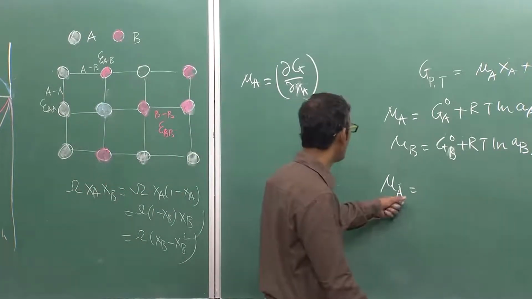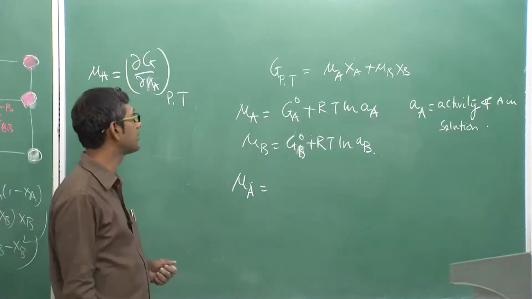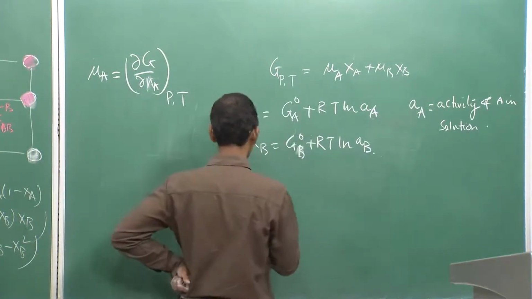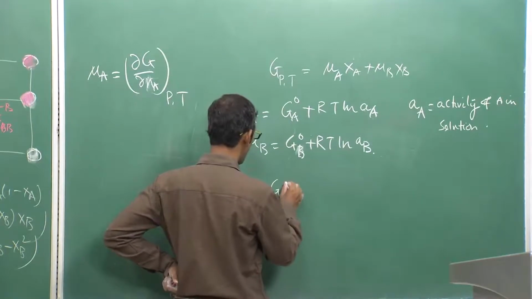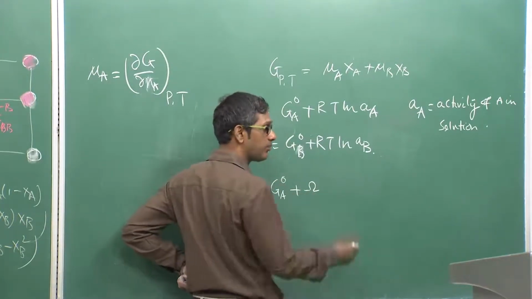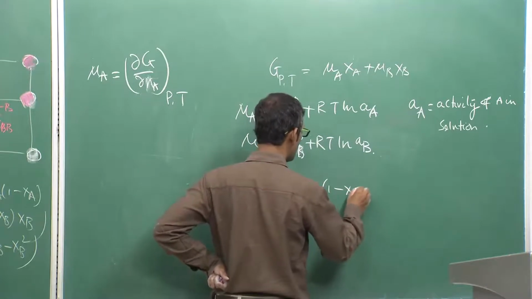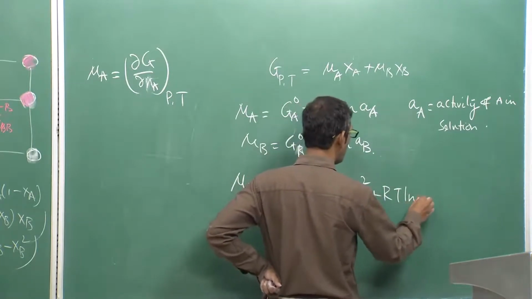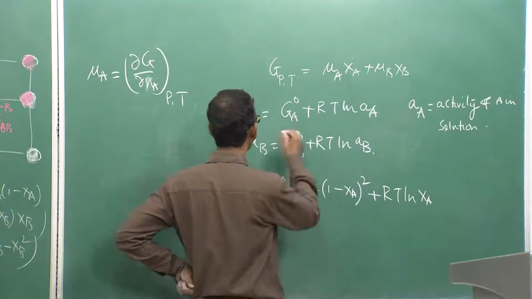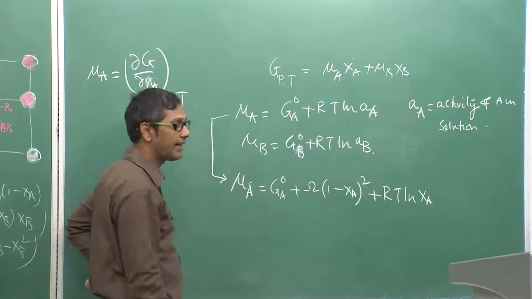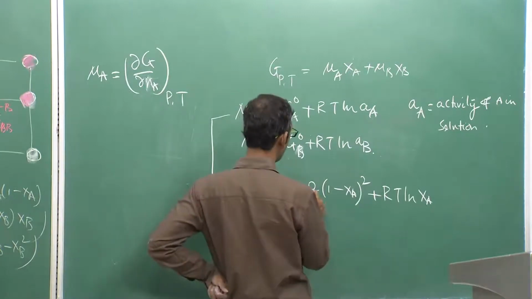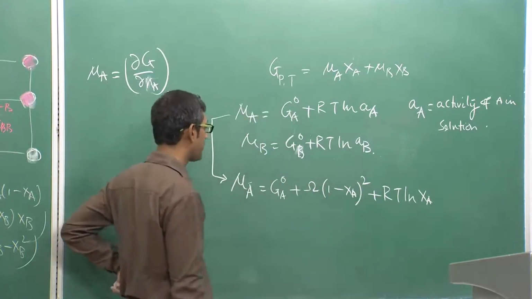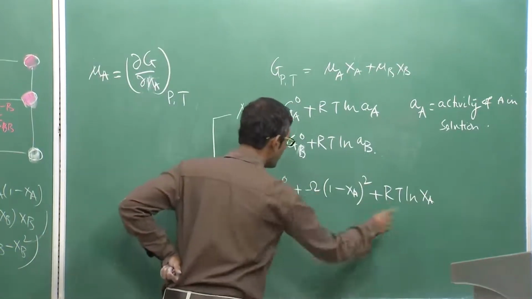So that is why you need to know the actual expression of the chemical potentials as a function of mole fractions, and it seems these are related to gamma. So mu A is GA0 plus gamma multiplied by (1 minus XA) square plus RT ln XA, this is what I am asking you to derive. What I added is basically one term, gamma multiplied by (1 minus XA) square.